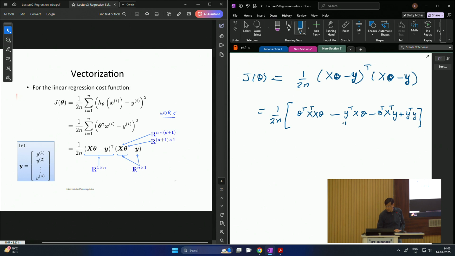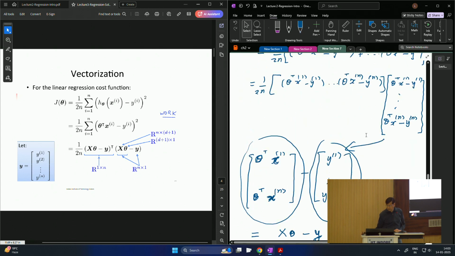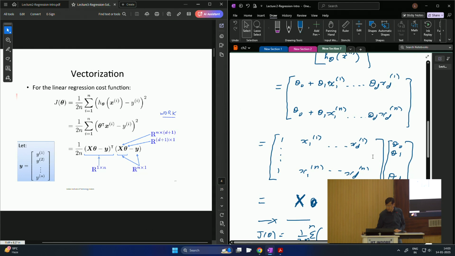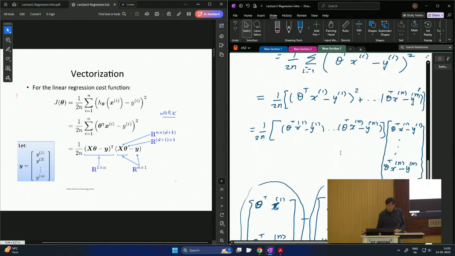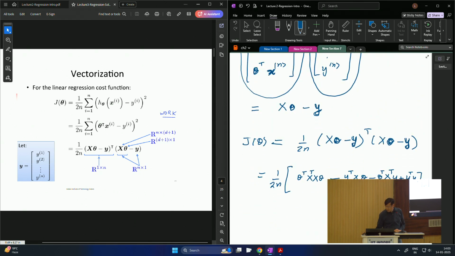What's the dimension of X? They are n rows and d plus 1 columns, correct? So this is n cross d plus 1. This is your X, and what is your theta?